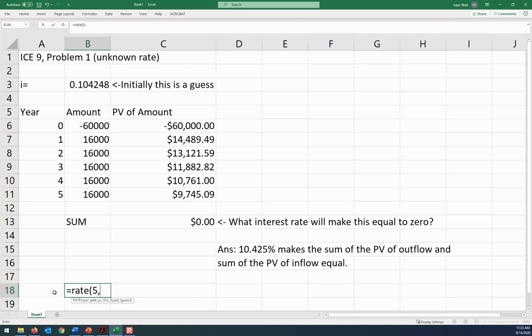And now PMT means what's the amount of the recurring payment. Now I skipped over that field in the first solution that we did because I wanted to treat each row like an individual amount. In other words, the $16,000 in year 1, I just wanted to move that individual $16,000 to year 0.